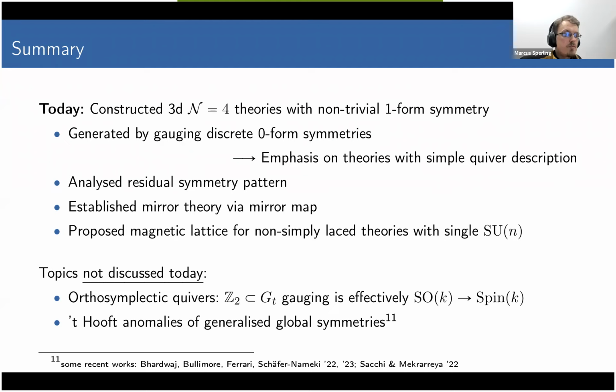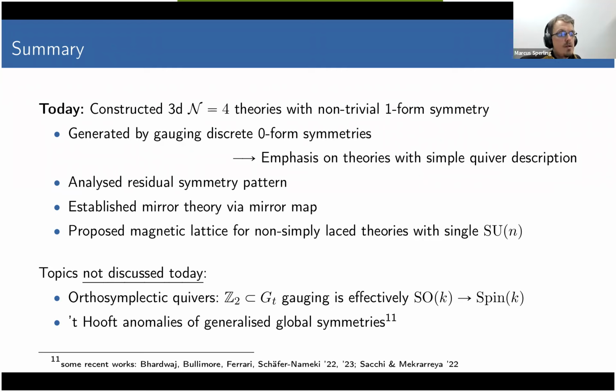And here we are restricted to the theories which have a simple quiver description. So we always started from the topological symmetry, we gauged it suitably, and then we used the mirror map to derive what is the action of the discrete group on the corresponding mirror. And then we have verified the symmetry patterns match and indeed verified the global structure.